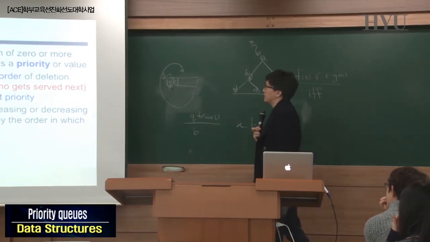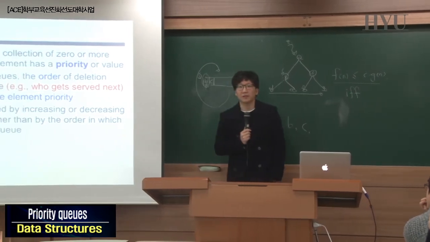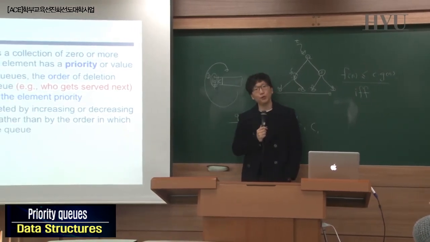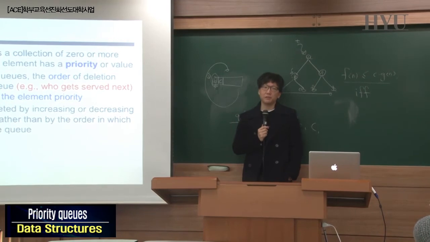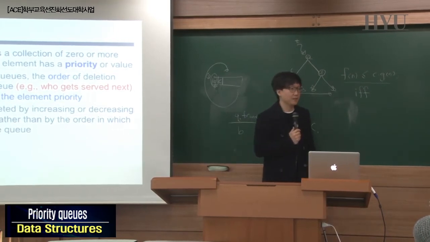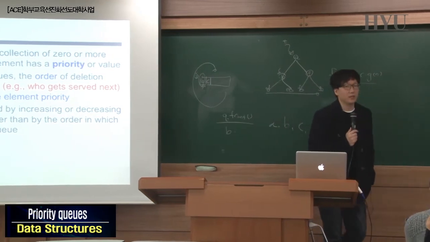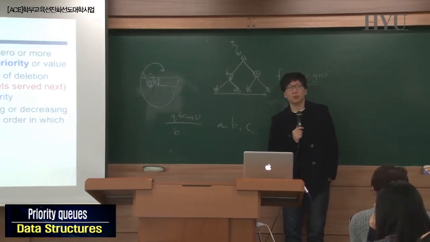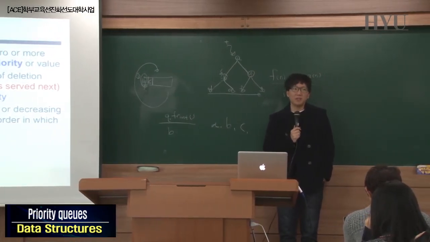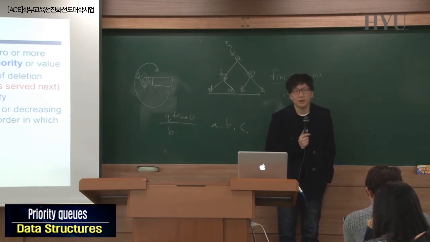Priority queues first. We know what a priority queue is, right? A queue is first in, first out, but I try to give a priority to each element in that queue. And sometimes I break the rules.